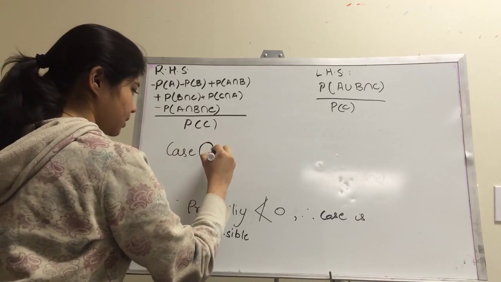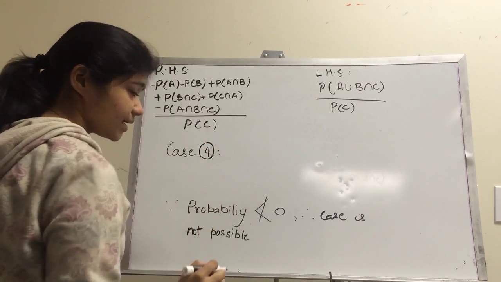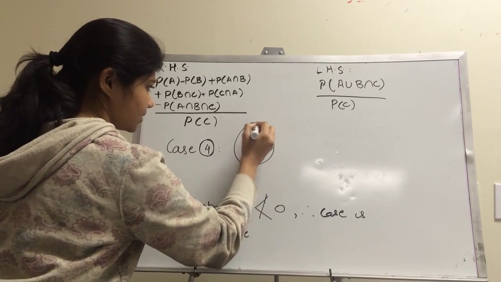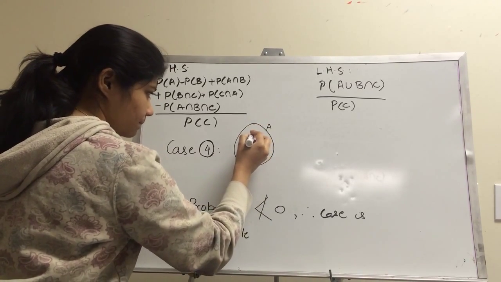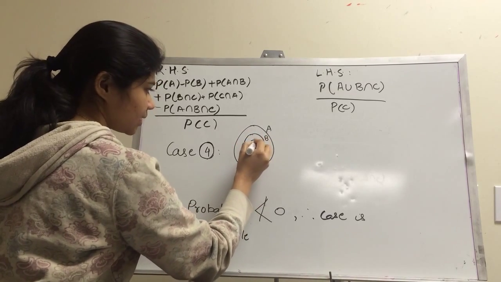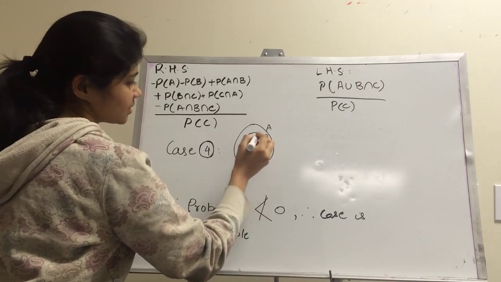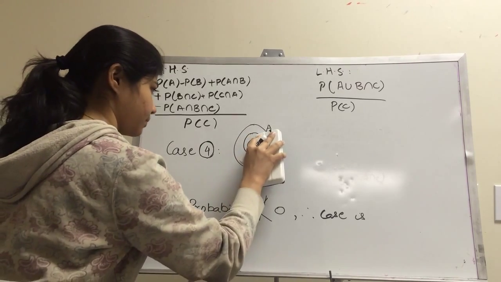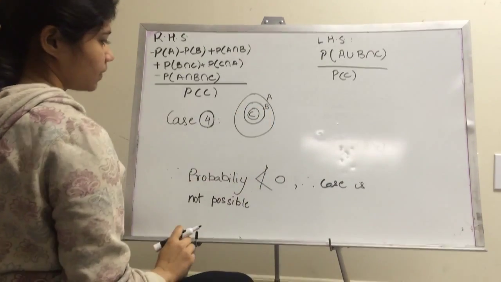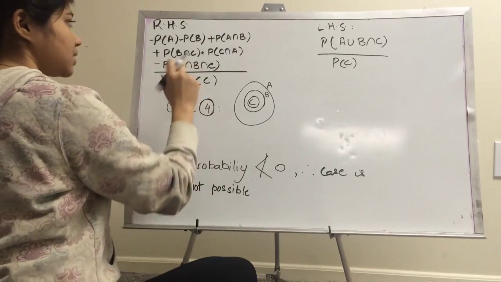I'm taking yet another case, case 4, where I have taken a set A. B is a subset of A such that C, another set, is a subset of B. Now using this Venn diagram, I started solving RHS.